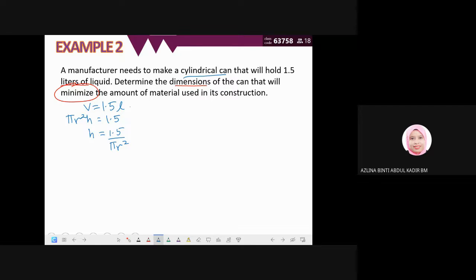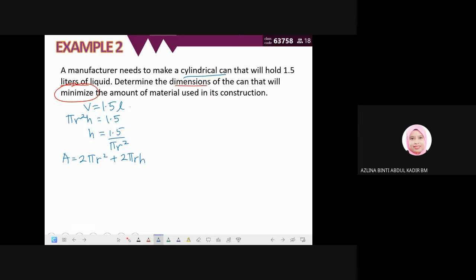And then, for a cylinder we have another formula, the surface area. So A is equal to 2 pi r squared plus 2 pi r H. So we have the equation A in terms of R and H. You cannot differentiate with two variables, so we need to make it a single variable.